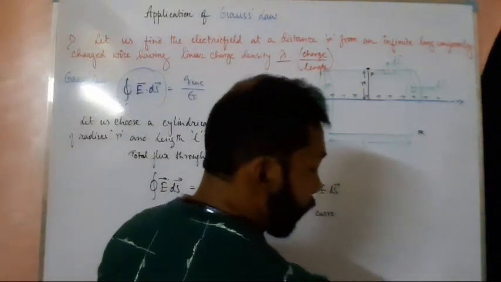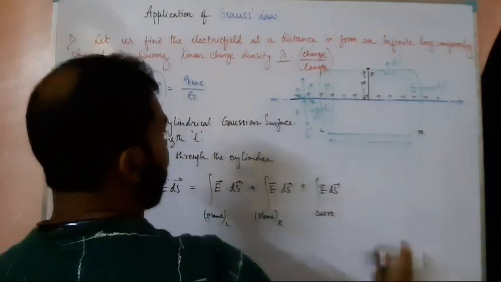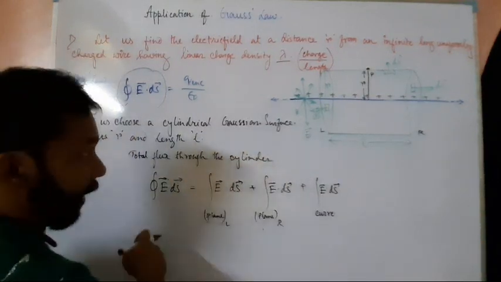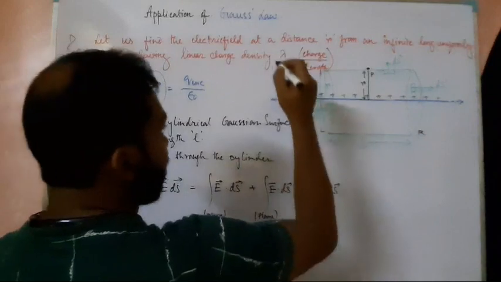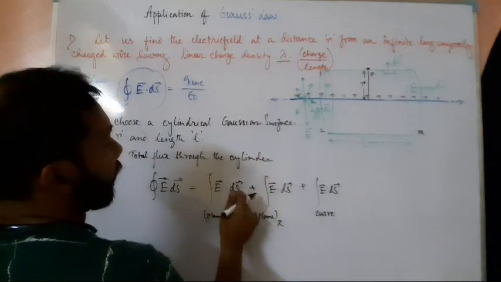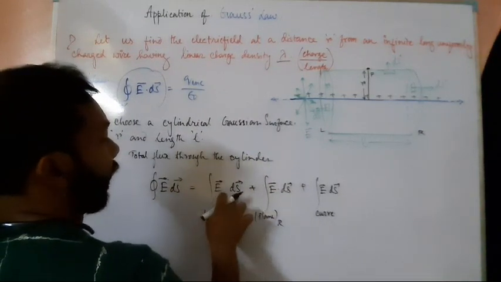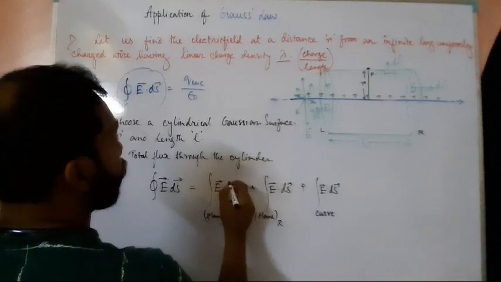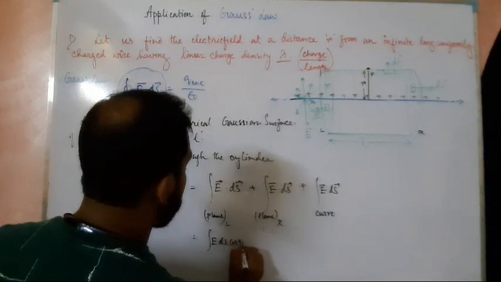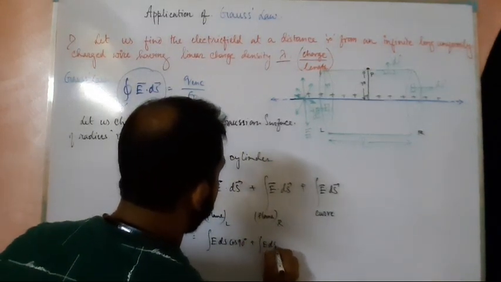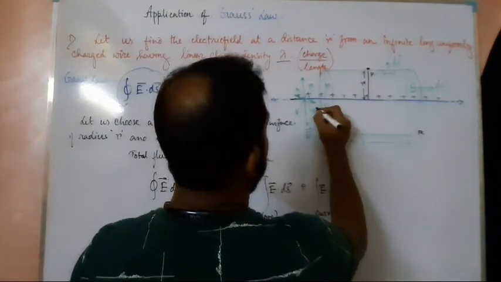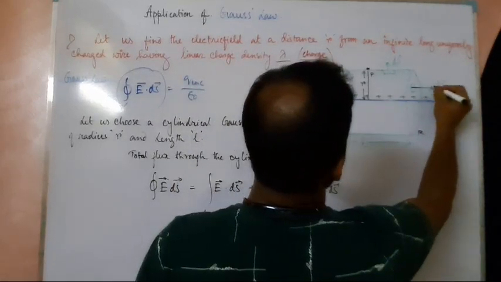Now let us check. Is there any axial component of electric field? No, there is no axial component of electric field. The direction of electric field is in the radial direction, and the plane surface vectors are in the axial direction, so they have a 90-degree angle between them. So these two will become E ds cos 90 plus E ds cos 90, since the electric field is in the radial direction and these two vectors are perpendicular to the electric field.